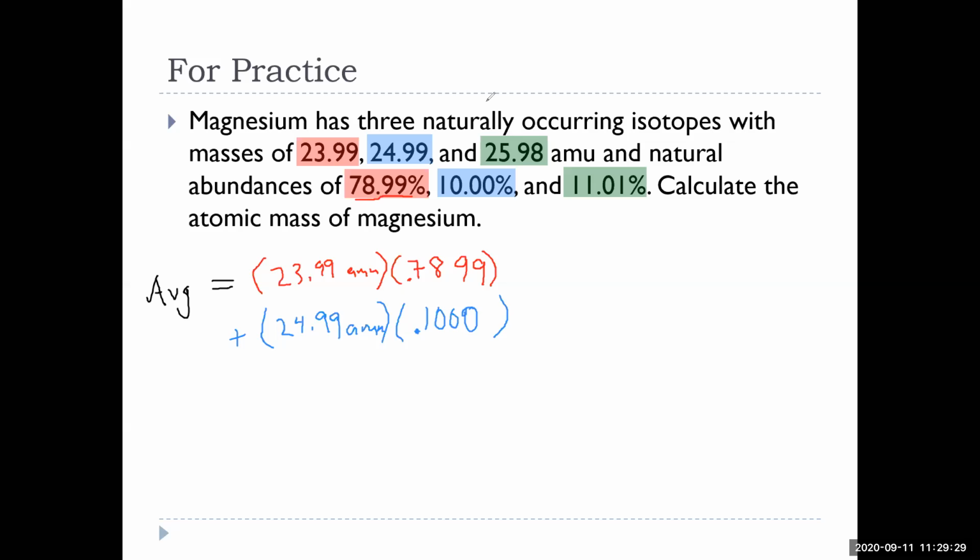And then lastly, we have our magnesium with a mass of almost 26, 25.98. And again, multiplied by the fractional abundance, 11% written as a decimal, 0.1101.